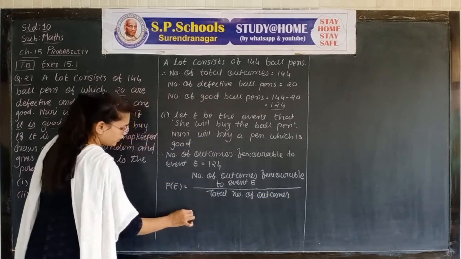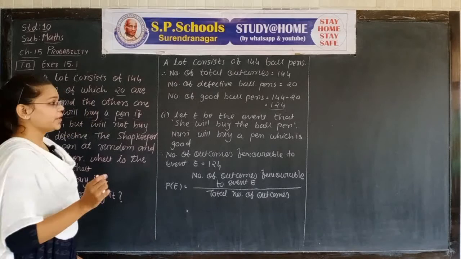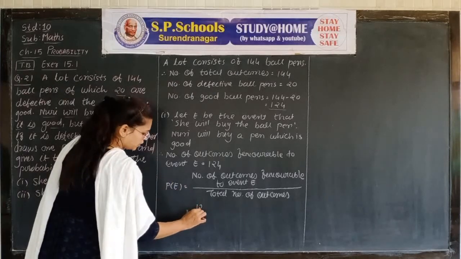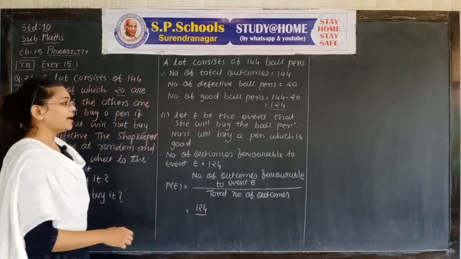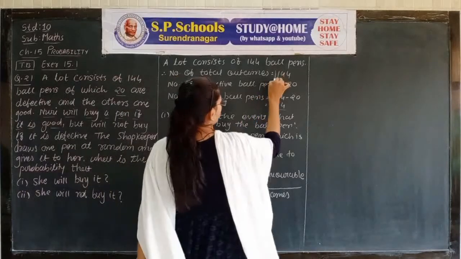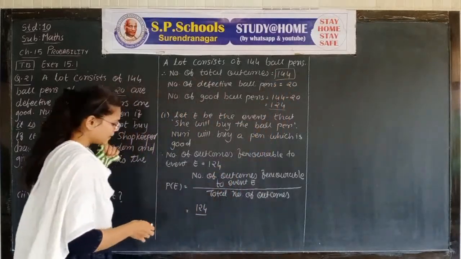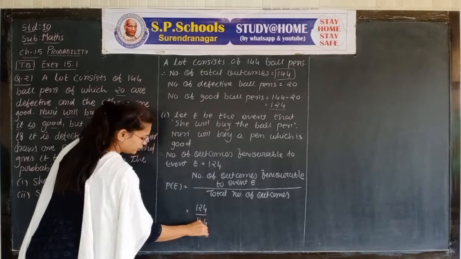The number of outcomes favorable to this event is 124, but the total number of outcomes, a lot consisting of 144 ball pens, is 144.